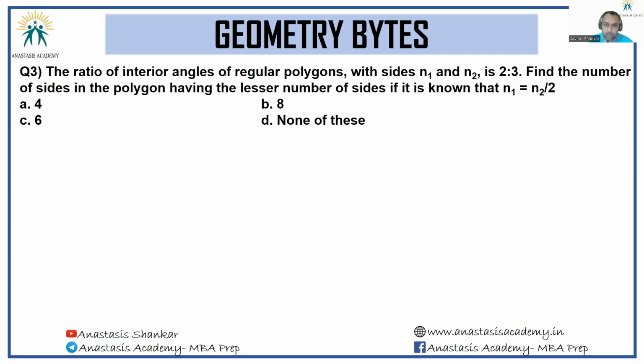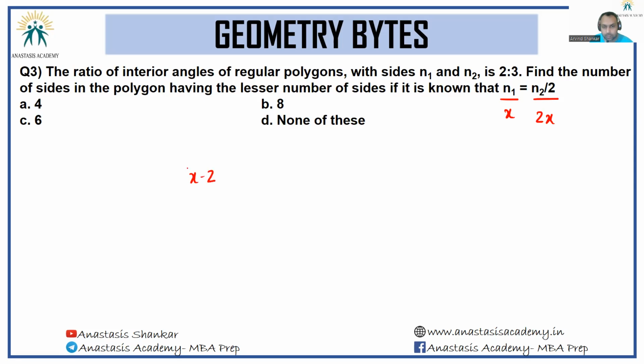Next, the ratio of interior angles of regular polygons with sides n1 and n2 is 2:3. Find the number of sides in the polygon having lesser number of sides if it is known that n1 is equal to n2 by 2. So let n1 have x sides. So n2 will have 2x sides.